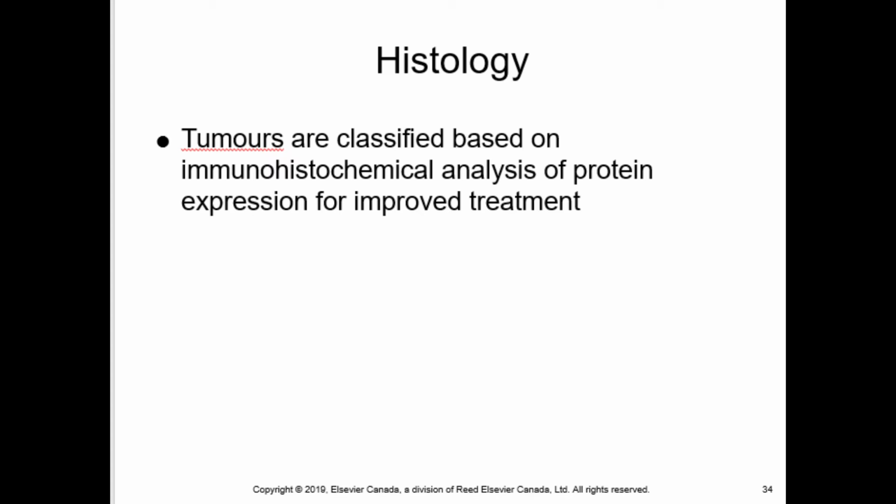Next, histological staining can be used to classify tumors. This may be useful in improving treatment. This can be supplemented by a more extensive genetic analysis of the tumor.